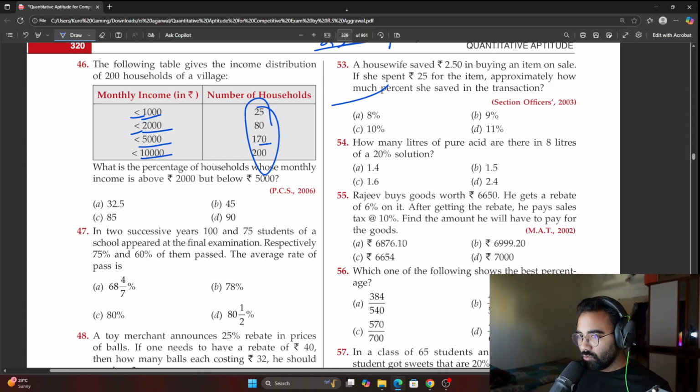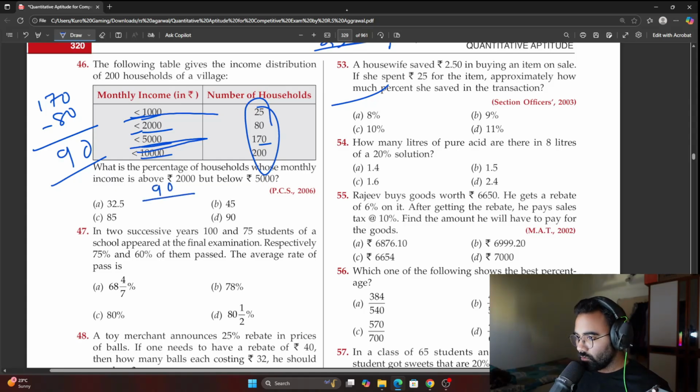It should be in this bracket. So I'll simply subtract 170 minus 80, that is 90. So there are 90 households. What is the percentage of households? Simply part upon whole, that is 90 upon the total number of households.